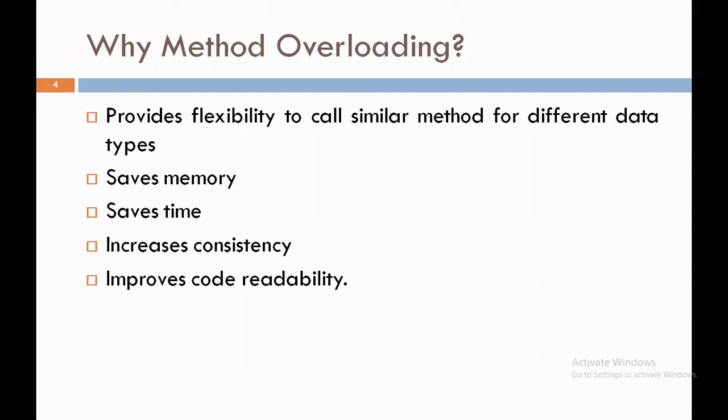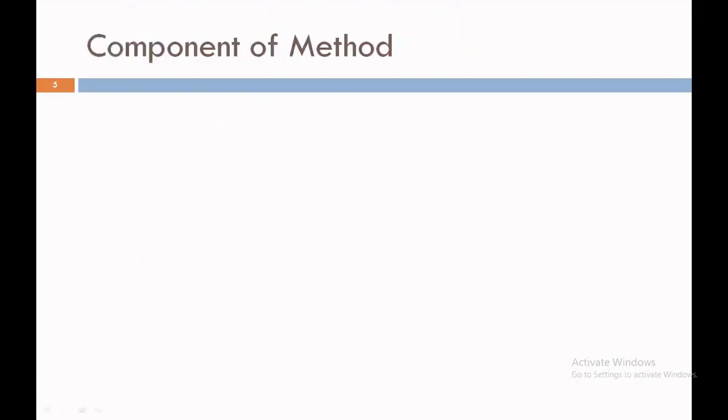Now, first of all, we should know what a method is and what components are used to declare a method in Java. A method is a collection of statements that are grouped together to perform an operation, to perform a particular task. It takes some parameters, performs some computation or calculation, and then optionally returns a value.